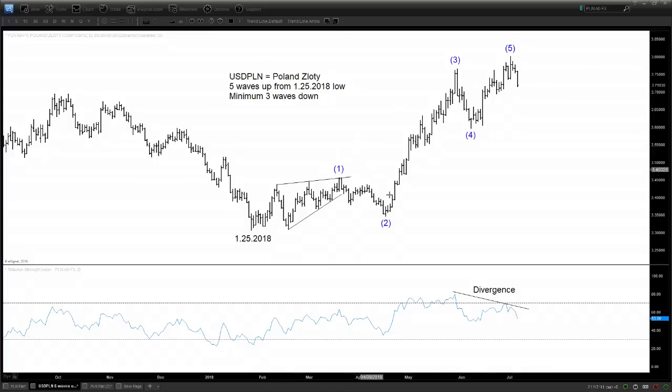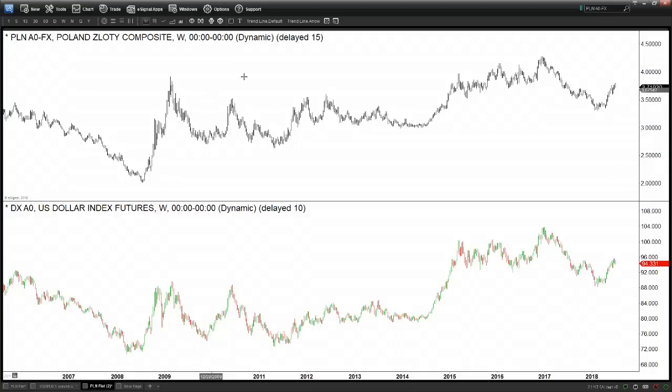Now why do we take a look at the US dollar PLN or Polish zloty? Because if you overlay US dollar PLN with the dollar index, at the top you can see the PLN, and at the bottom you see the dollar index, they look almost identical, and it's kind of hard to distinguish which one is which, right?